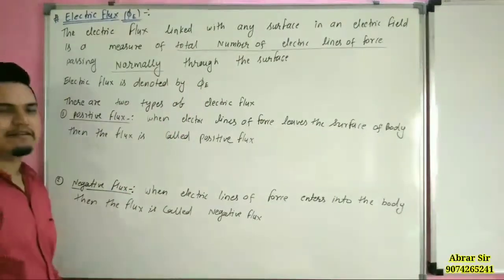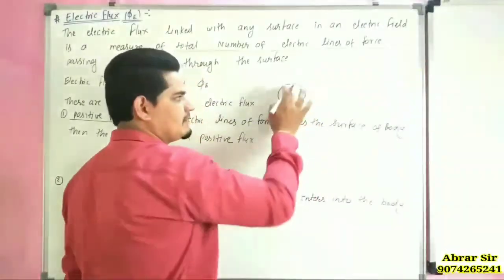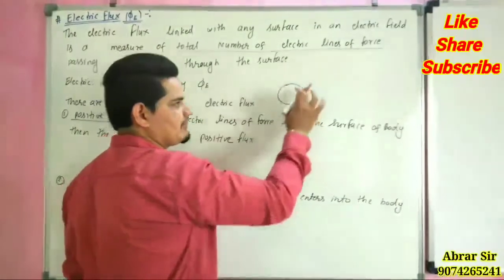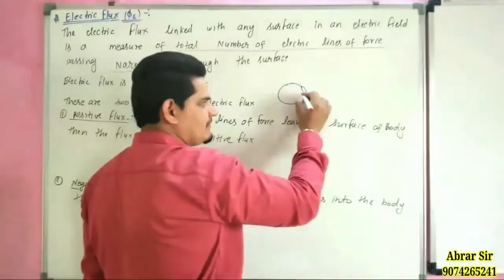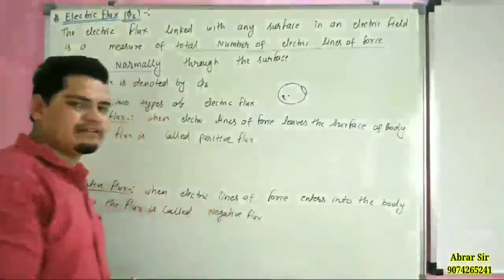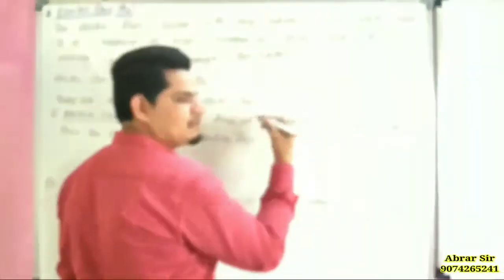So what is electric flux? If we consider a hollow surface, and we put a charge q inside the surface, then we know a charge produces electric lines of force.